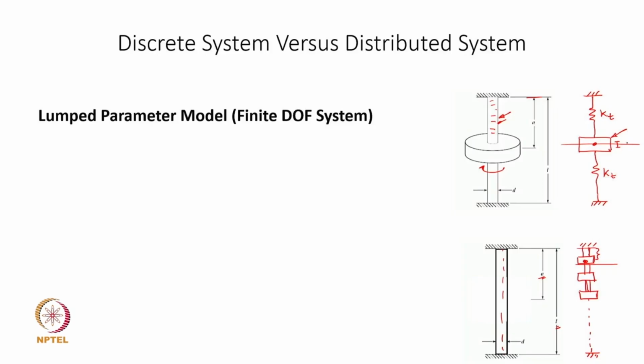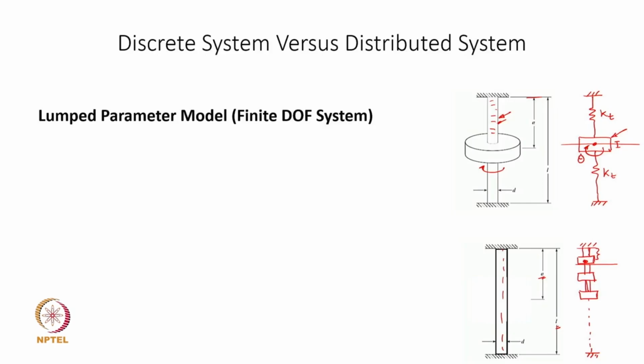For example, here this disk representing the lumped mass has an associated theta degree of freedom, and if you have multiple such disks, theta 1, theta 2, theta 3, up to however many disks you have, you will have as many degrees of freedom, but they are still going to be finite depending upon how you discretize your continuum. Okay, so this is basically a lumped parameter model.